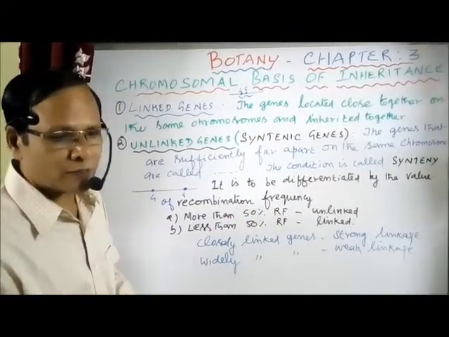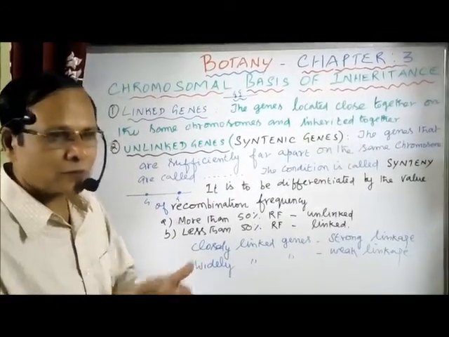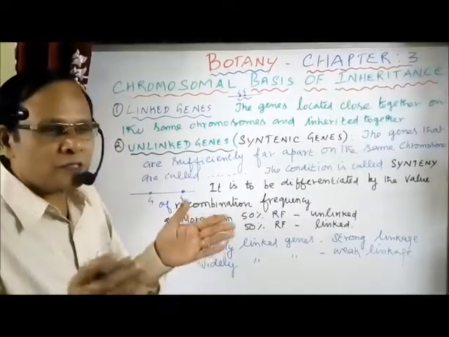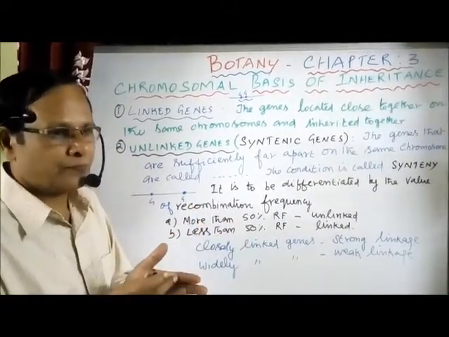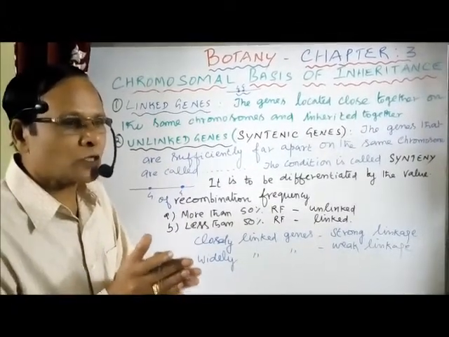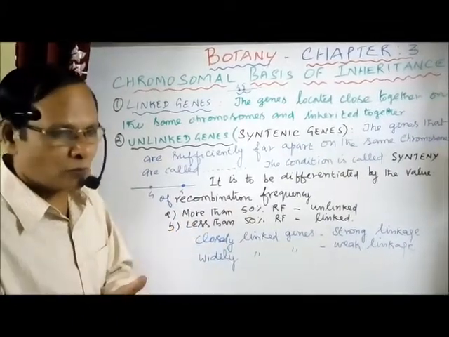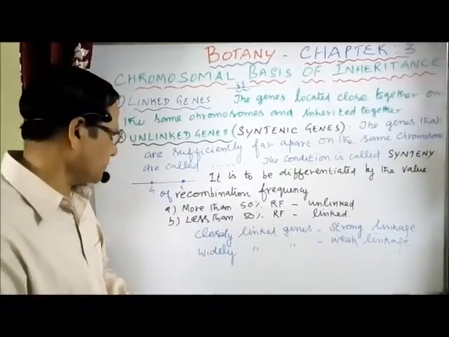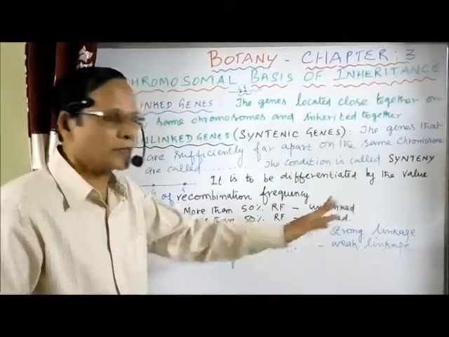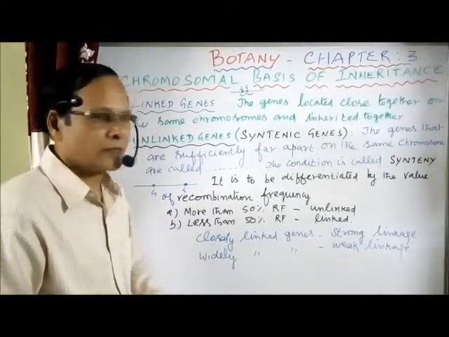Now if the genes are placed very close to each other, they exhibit strong linkage. They cannot be separated by crossing over. No recombination is possible. So closely linked genes show strong linkage, whereas widely placed genes show weak linkage.